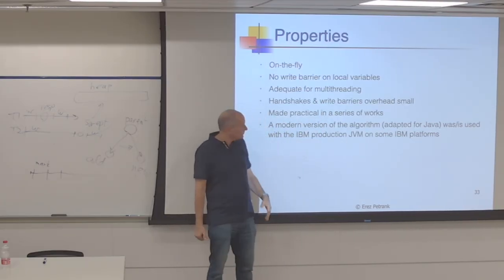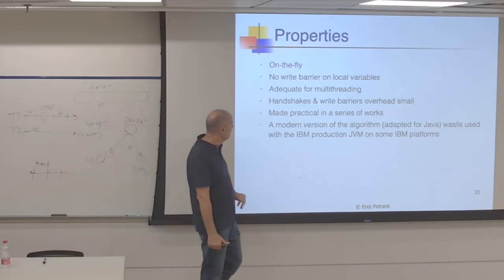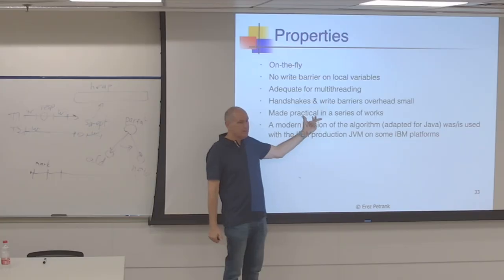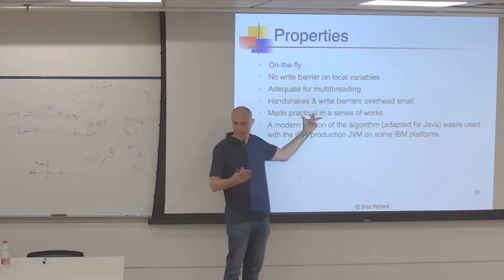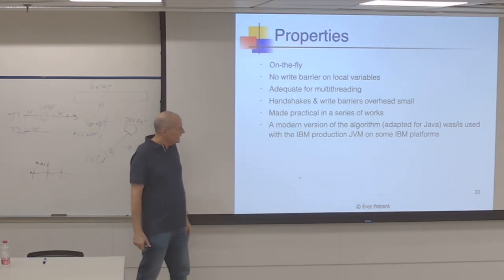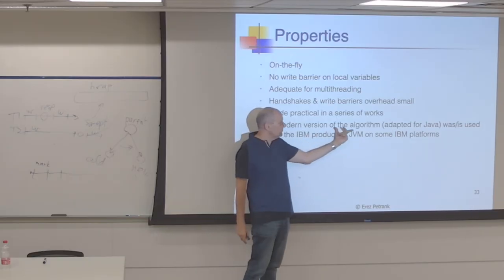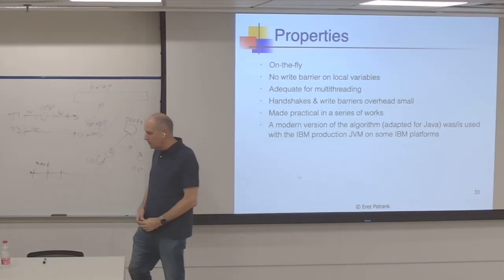Handshakes and the write barrier overhead are small. It's not large. And this basic collector was made practical in a series of works. Like in IBM, it became the production collector. And a modern version of the algorithm became part of IBM production collectors.